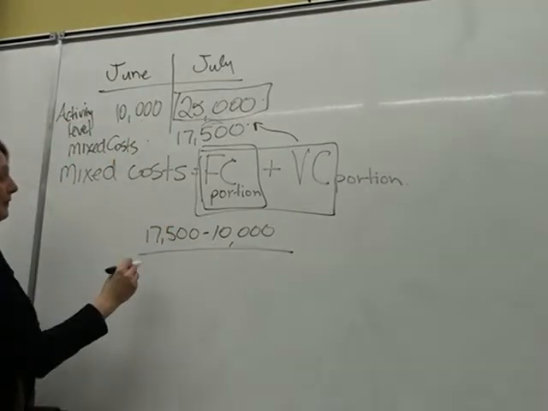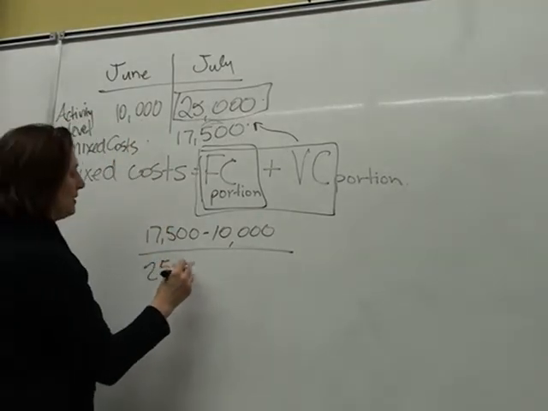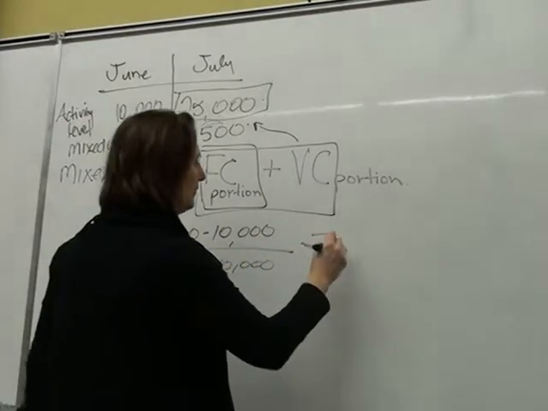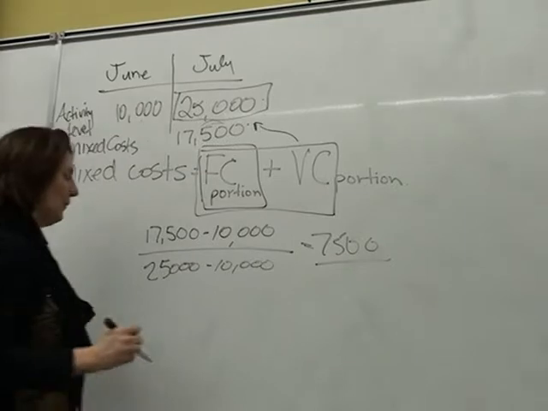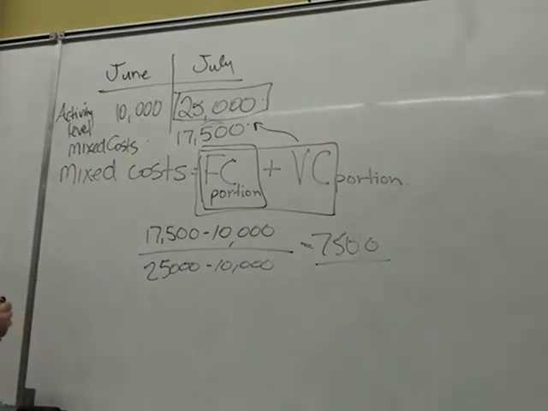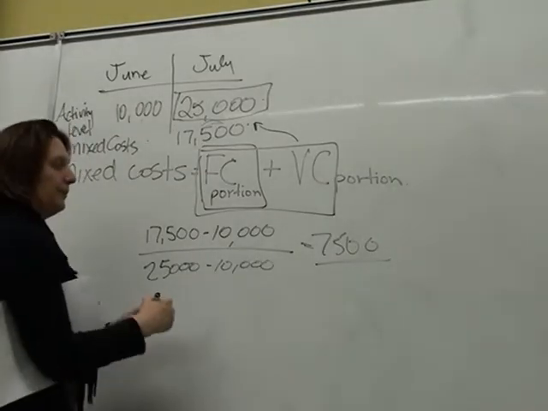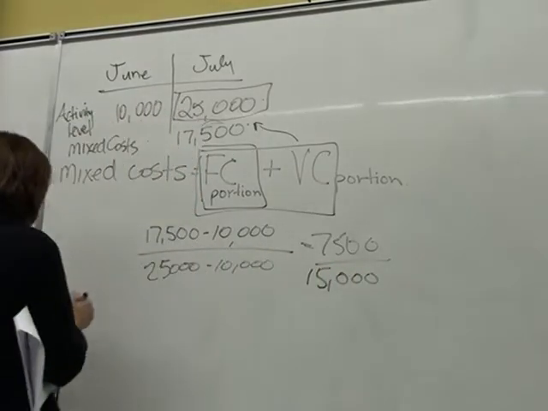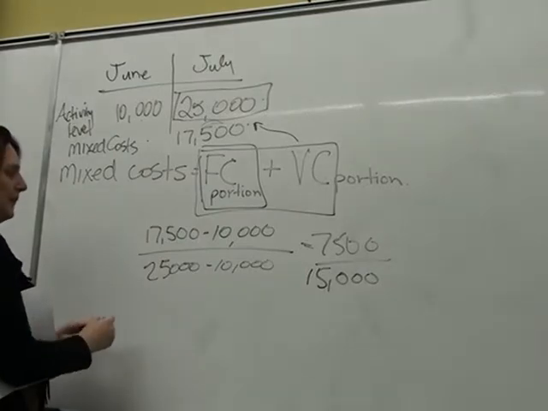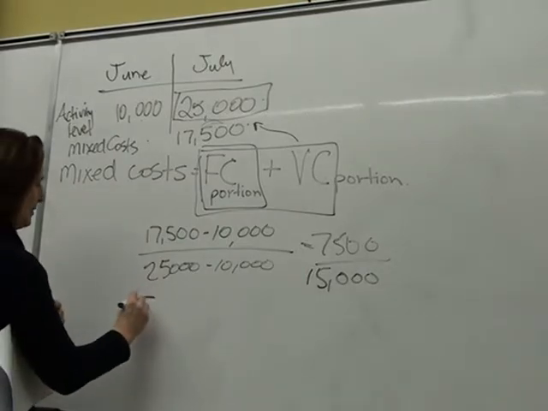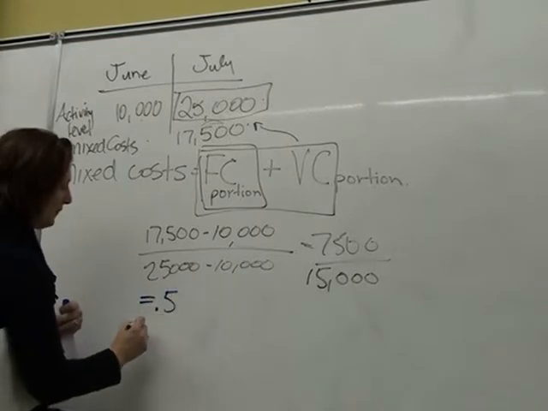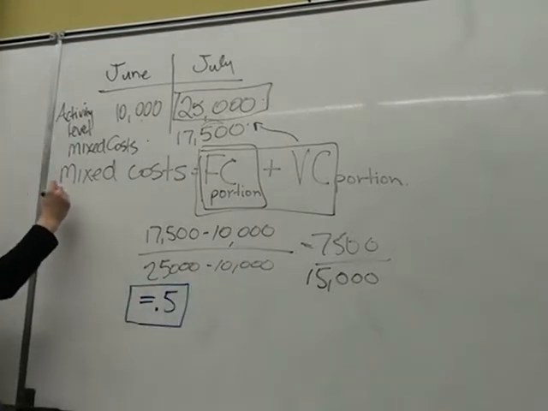Over the activity level change, so 25,000 minus 10,000, and that gives you 7,500 over 15,000. None of these are dark. I'm getting frustrated now. Which is 50%. 0.5. So 0.5 is the variable portion of the mixed cost.